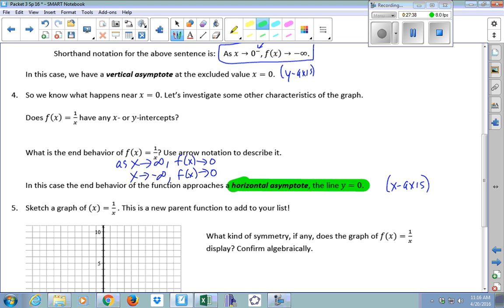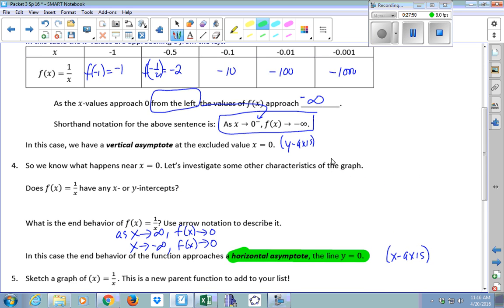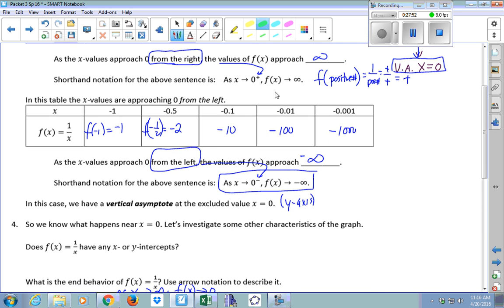Nick? If you write it the other way around, as x approaches 0, yeah, that's what we have up here for the vertical asymptote.